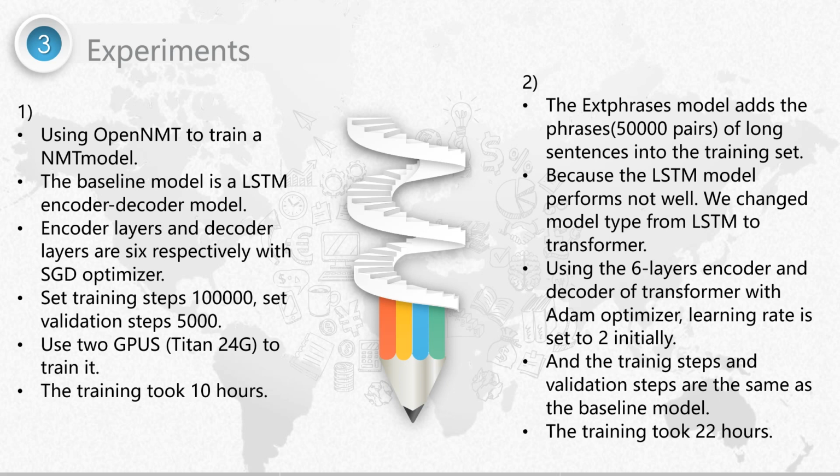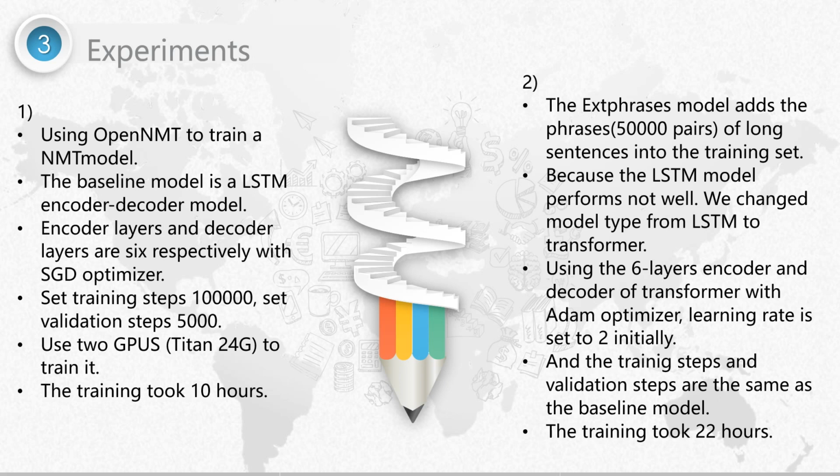And using phrases extracted from the bilingual corpus, we train a model with the transformer model, with 6 layers the same as the LSTM, but with an Adam optimizer, and the learning rate is set to 2.